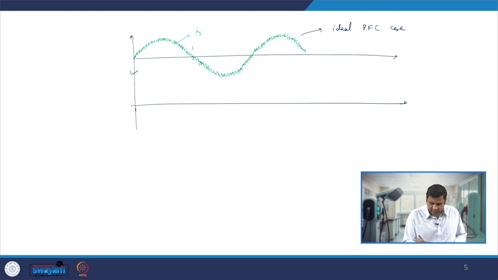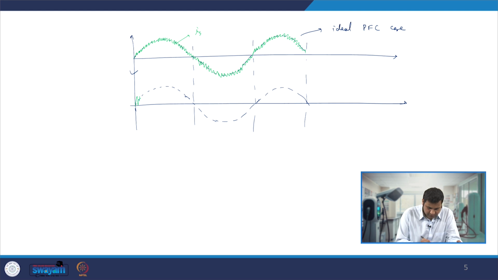What we will see in the case of boost PFC is that we have the average variation, we have this zero crossing distortion, some positive spike and negative spike, and the waveform will be like this shape.